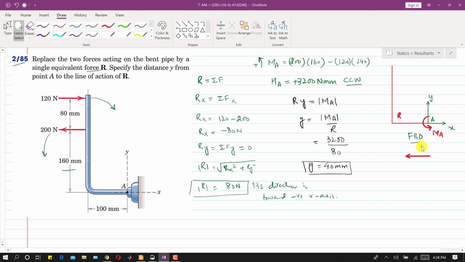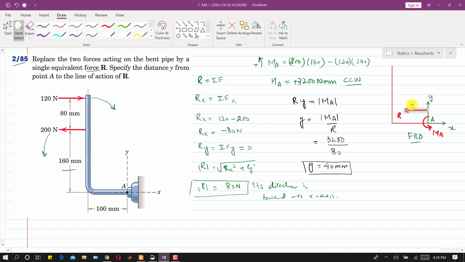So this means that this position is not accurate. We need to move this force in the positive y direction. So let me put it back in the position, and now I will move this force in the positive y direction, and it will be somewhere here. Let's suppose I put it here.